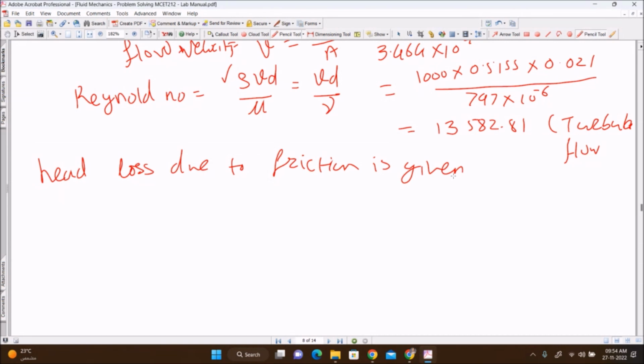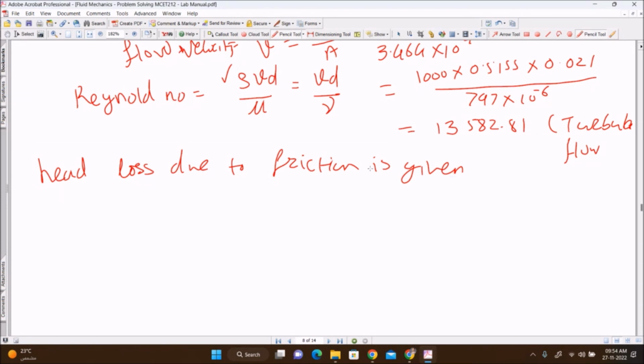Many scientists worked on the head loss due to friction, because the pipe is not smooth, the pipe is rough. If the pipe is rough, then there is a pressure drop, and this pressure drop is given by Darcy, Fanning, Blasius.